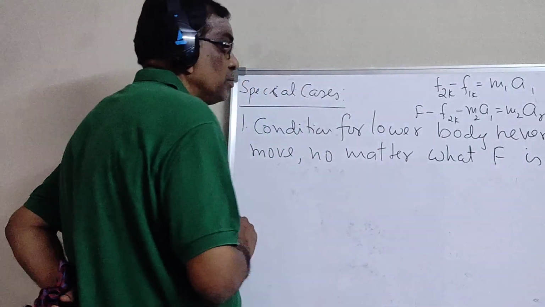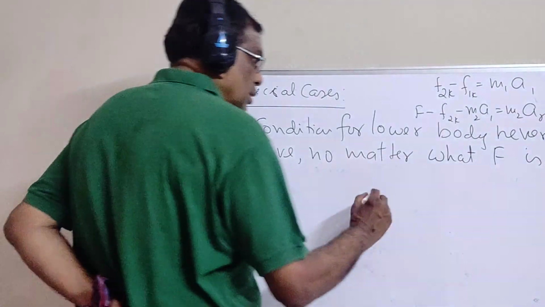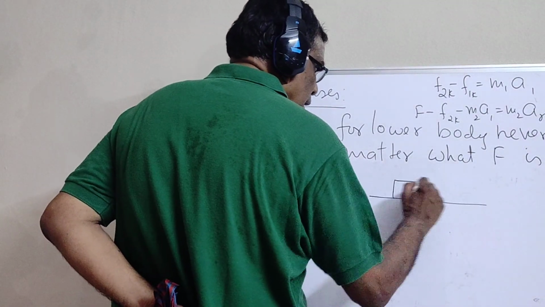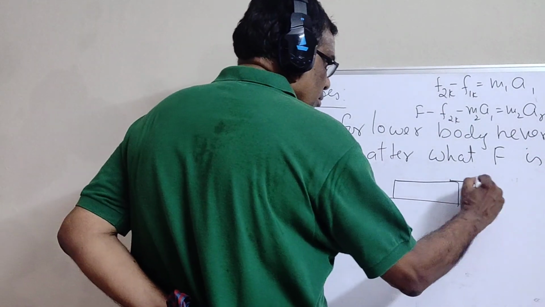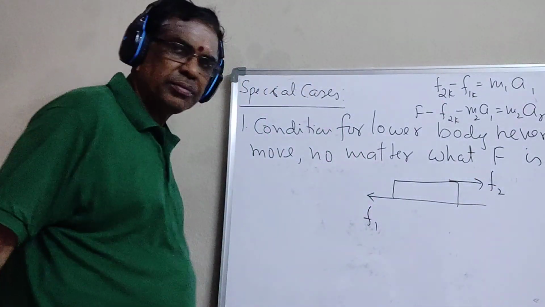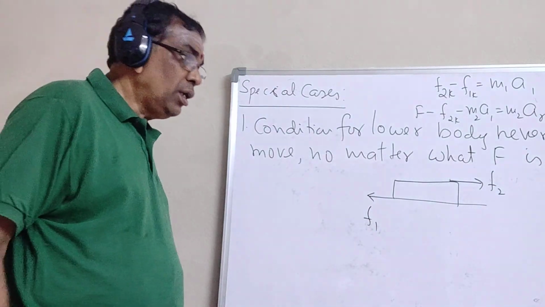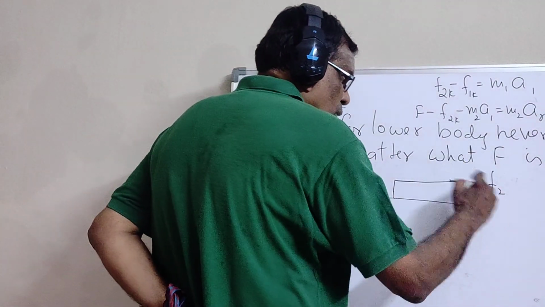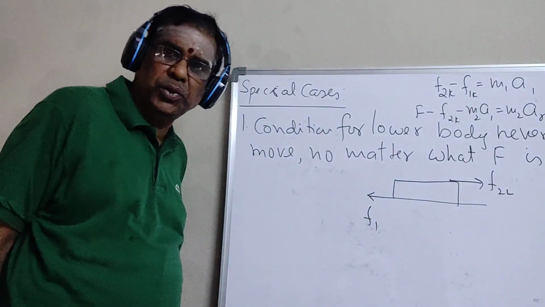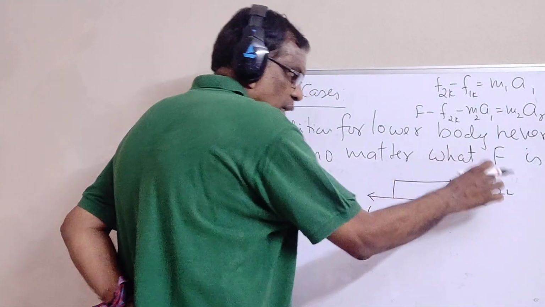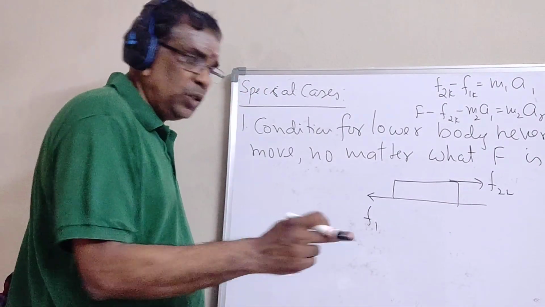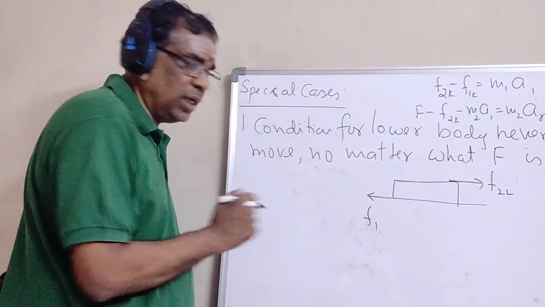First of all, you should understand the lower body. I said this is F1, this is F2. Now the maximum that you can have here is F2L, maximum from the upper body. But you don't want this body to move.